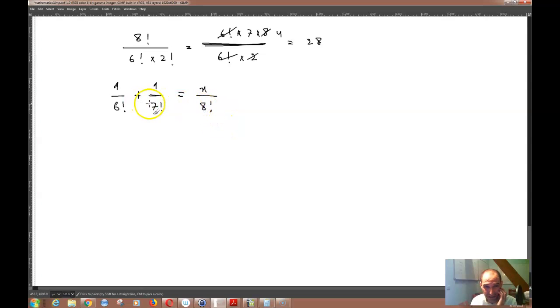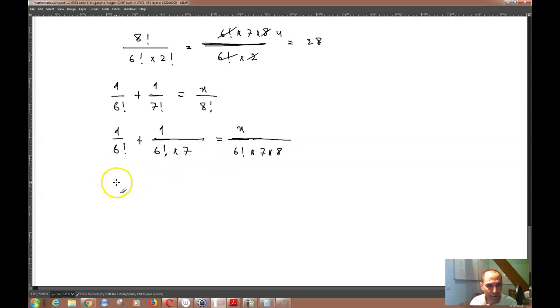So you can rewrite this as 1 over 6 factorial plus 1 over 6 factorial times 7, and over here you can write this as x over 6 factorial times 7 times 8.